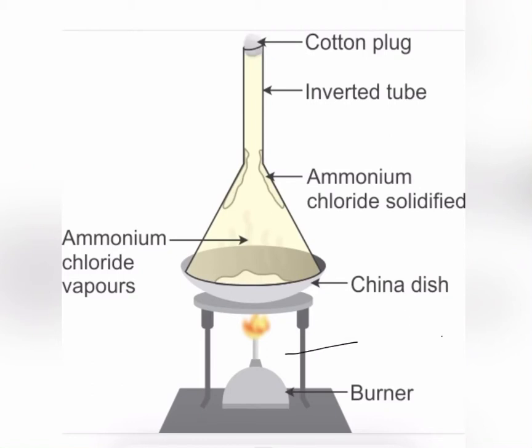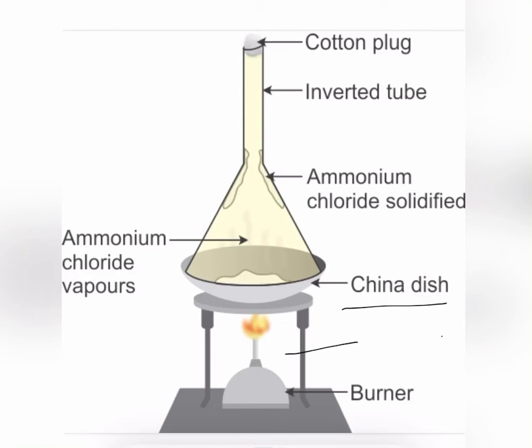When you heat the mixture, the ammonium chloride evaporates. One inverted funnel is kept on the china dish, and cotton is plugged in the open mouth of the funnel.